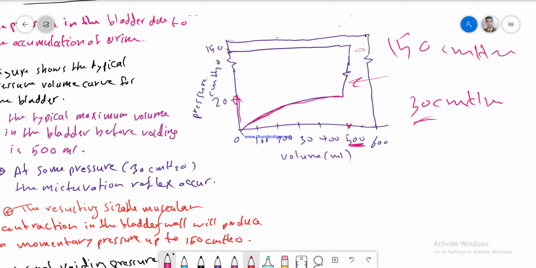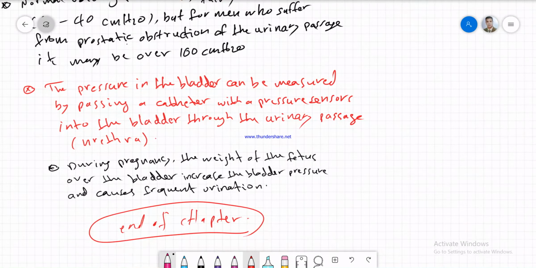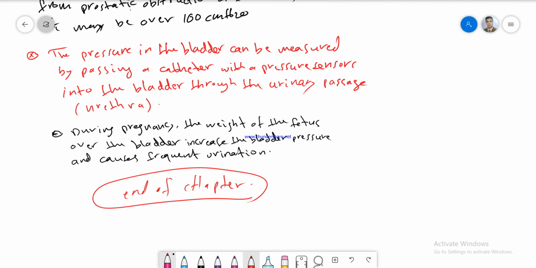We can measure the pressure inside the bladder by inserting a catheter in the urinary passage, and this catheter has a pressure sensor to measure the pressure inside the bladder. During pregnancy, the weight of the fetus over the bladder increases the bladder pressure and causes frequent urination.